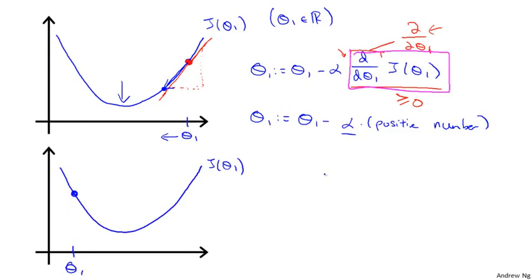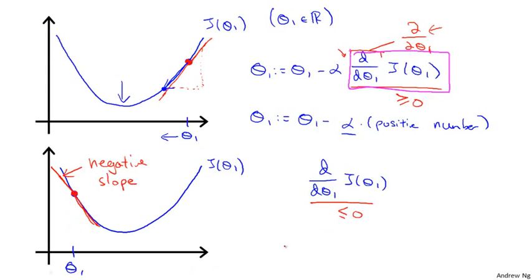Now, my derivative term, d/d theta 1 of J of theta 1, when evaluated at this point, is the slope of that line. But this line is slanting down, so this line has negative slope. Alternatively, I say that this function has a negative derivative at that point, which means it is less than or equal to 0.